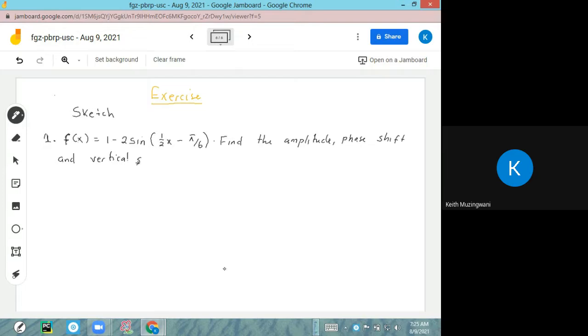And vertical shift, period. Then sketch f of x from 0. What's the interval? 0 to 2 pi.